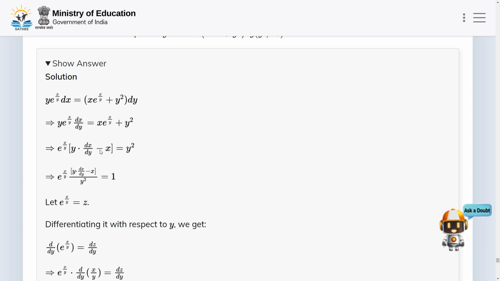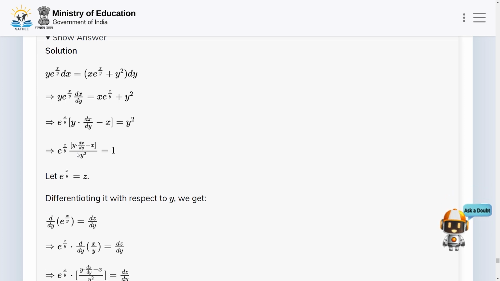Okay. Now, rearranging some terms, you will have e power x by y multiplied by (y dx by dy minus x) divided by y square is equal to 1. Now what we are trying to do is substitute e power x by y is equal to z.